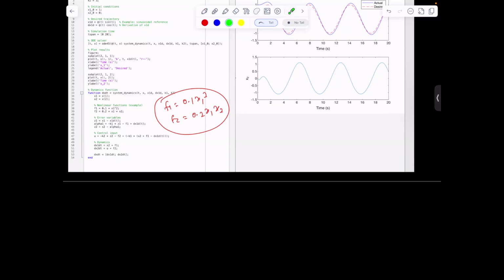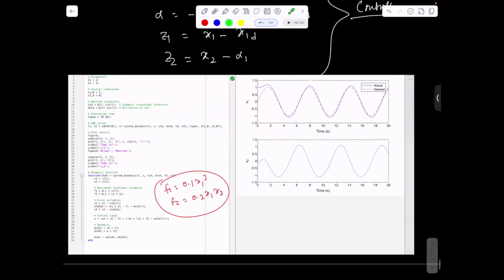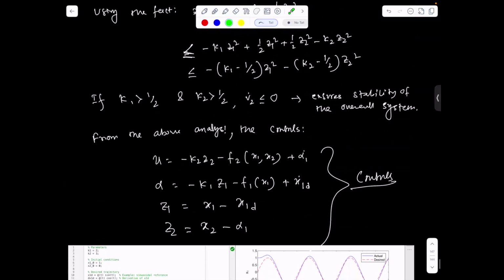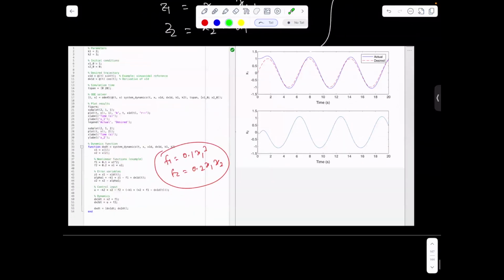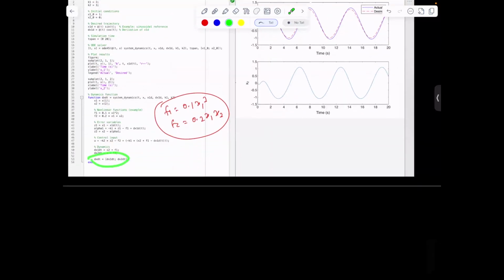This is the error variable we have chosen, Z1, and alpha 1, whatever we have taken from the analysis, is written here, and Z2 equal to x2 minus alpha 1. And this is the overall control which we have obtained, this expression. And this is the derivative part of x1, x2.